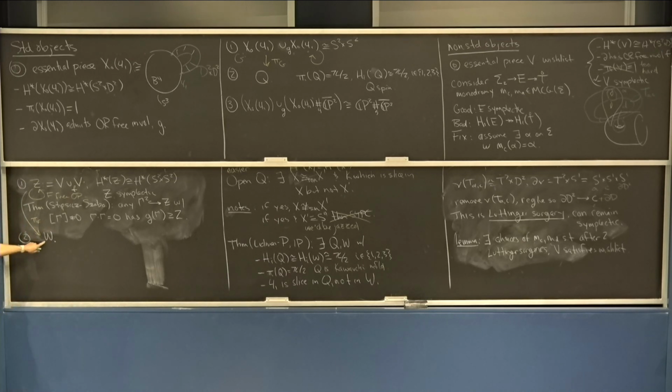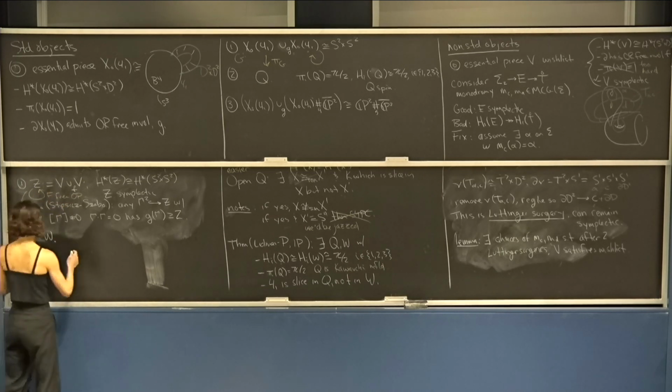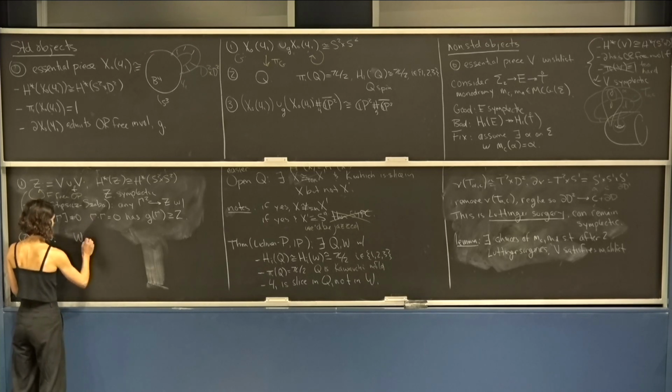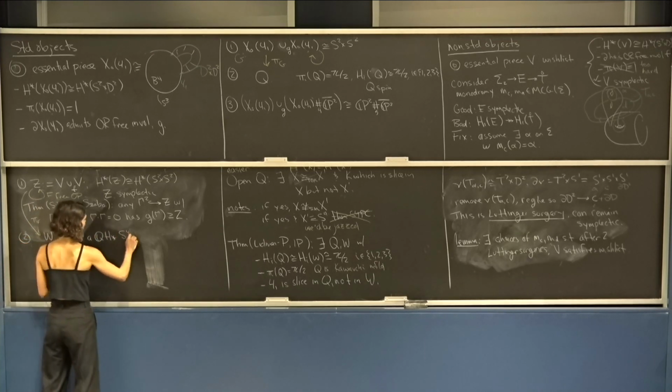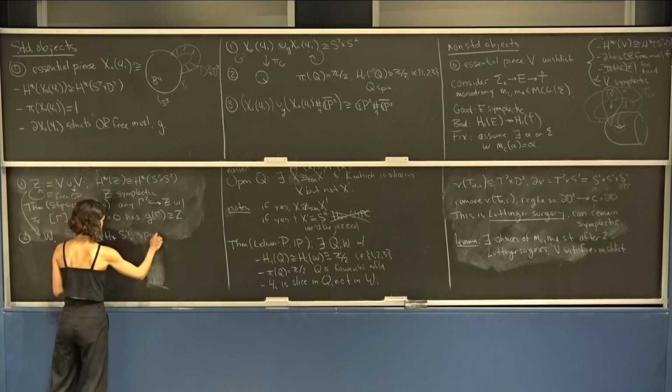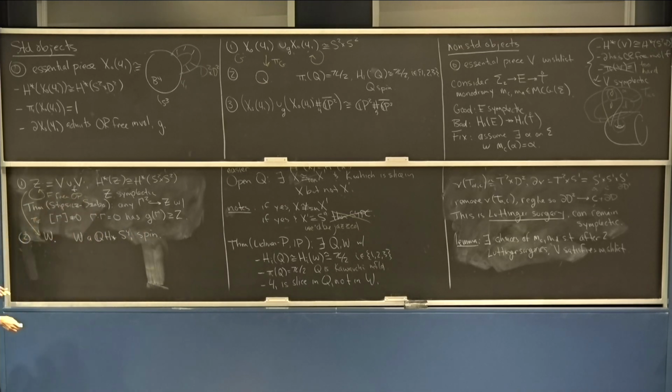So again, we're getting W by taking the quotient of Z by the involution. And so what are our observations about W? Well, as before, W is going to be a rational homology S4. It's going to be spin, has the same homology groups as Q.